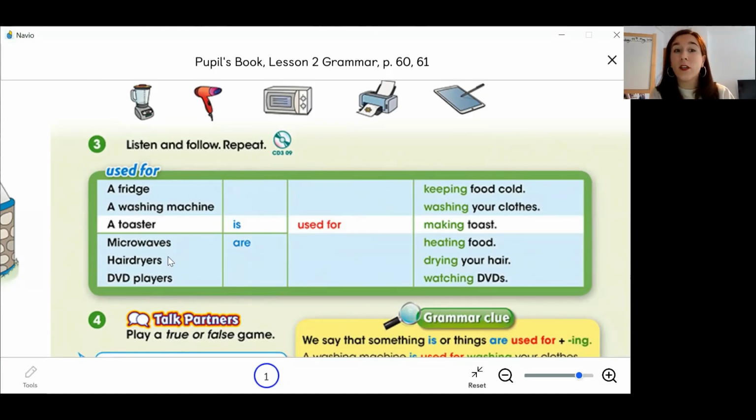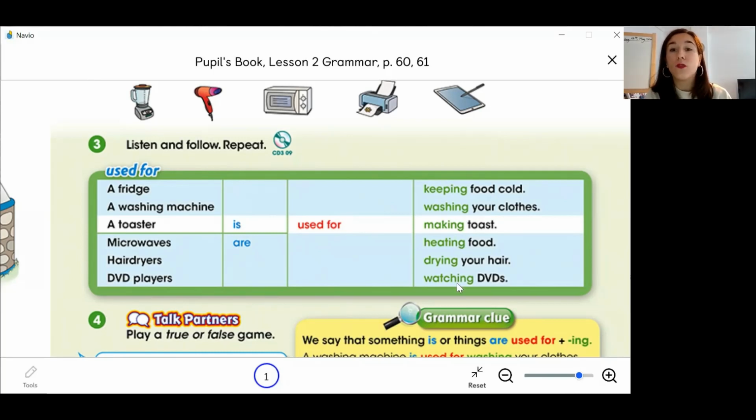So the first thing that we need is the subjects, okay? That is the fridge, the washing machine, the toaster, the microwave, hair dryers, DVD players, okay? If it's singular, we have to say a fridge is used for, and then whatever. If it's plural, that is if we have many things, for example, microwaves, like all the microwaves, are used for, and then whatever.